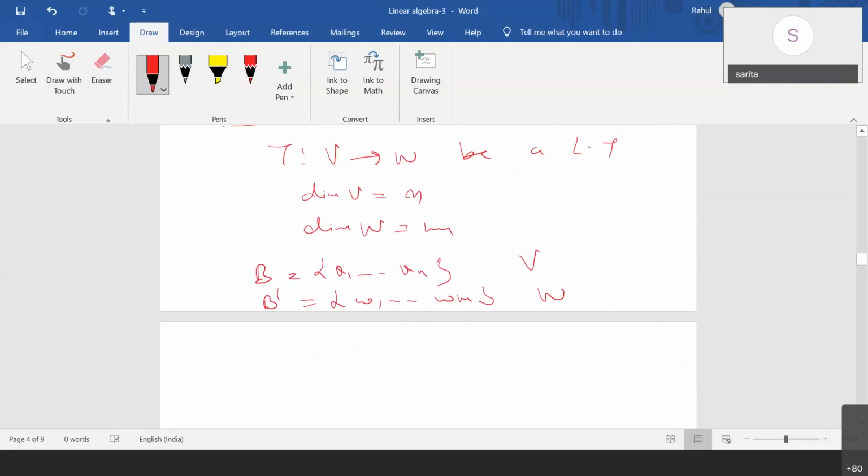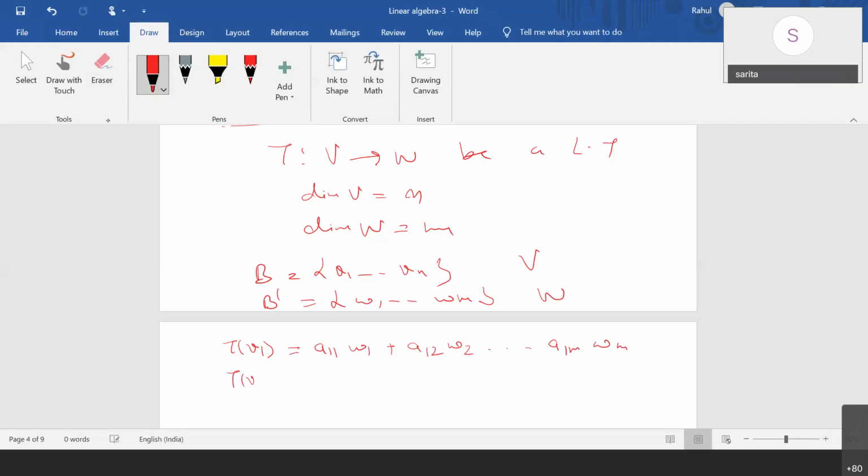Now we have seen that if it is the case, then we can write this TV1 as a linear combination of elements in B dash: a11 W1, a12 W2, up to a1m Wm. I am just going to use this linear combination, so that's why I'm telling you.